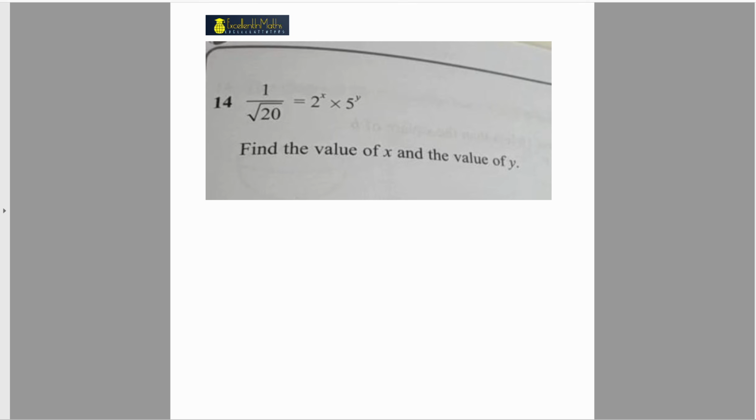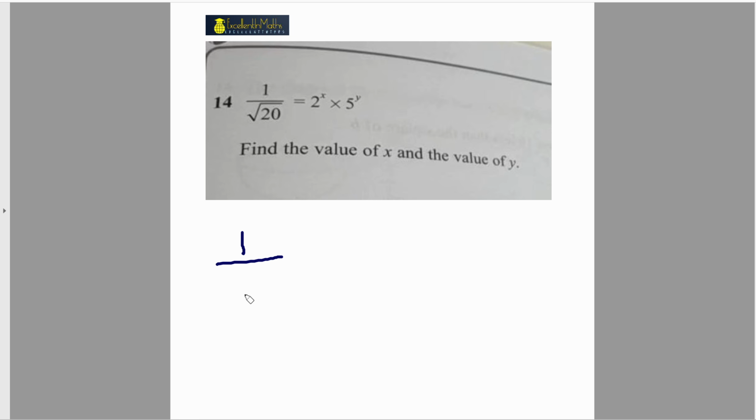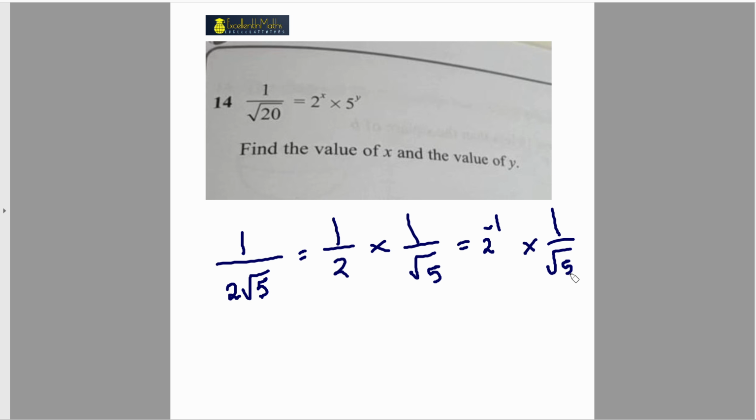How can we do that? I need to write square root of 20 as powers. So I have 1 over square root of 20, which is 2 root 5, which is 1 over 2 times 1 over root 5, which is 2 to the power of minus 1 times 1 over root 5.